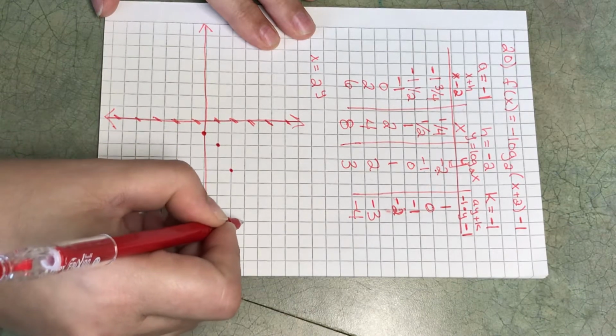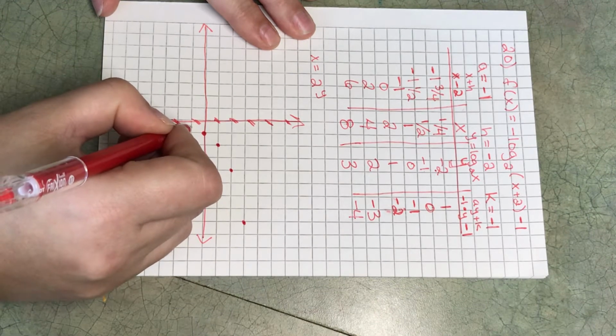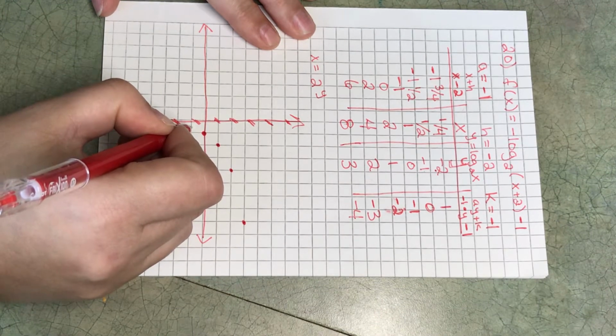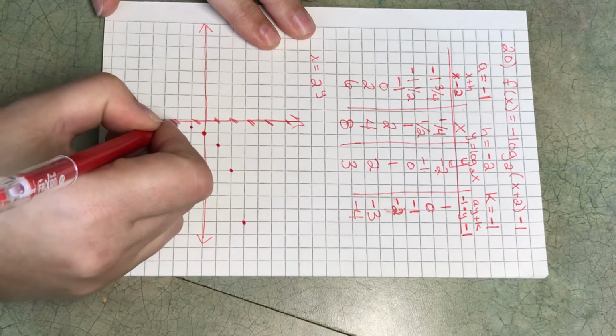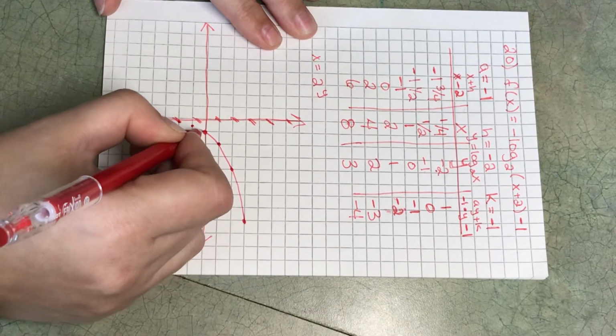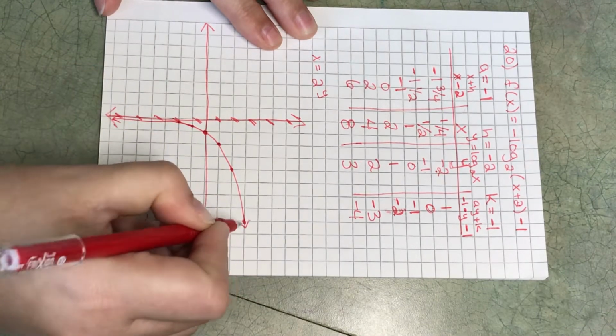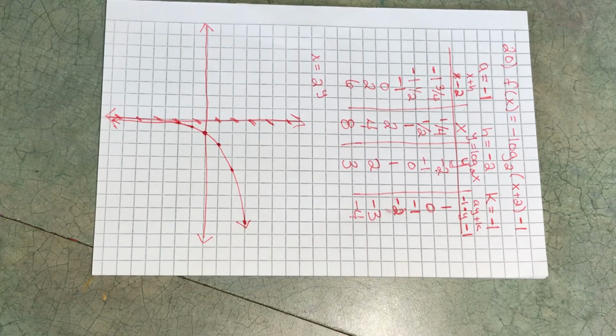At 8, we're at 3. And then going the other direction, we're here, and then we're here. So it goes in this nice curve, getting closer and closer. There's my parent function, and I'm putting it there as a reference to remind us of the shape and to be able to see the transformation.